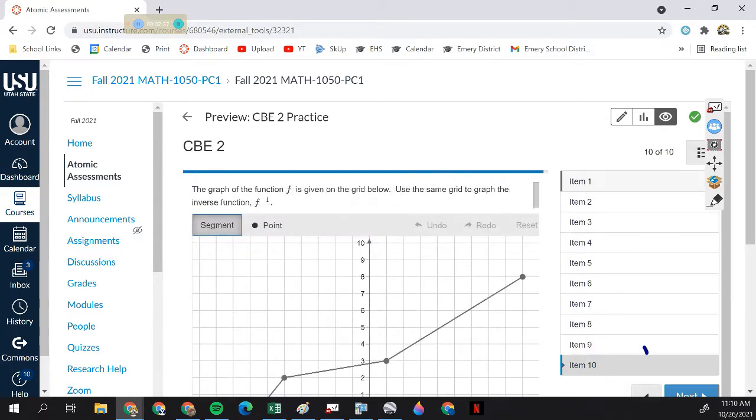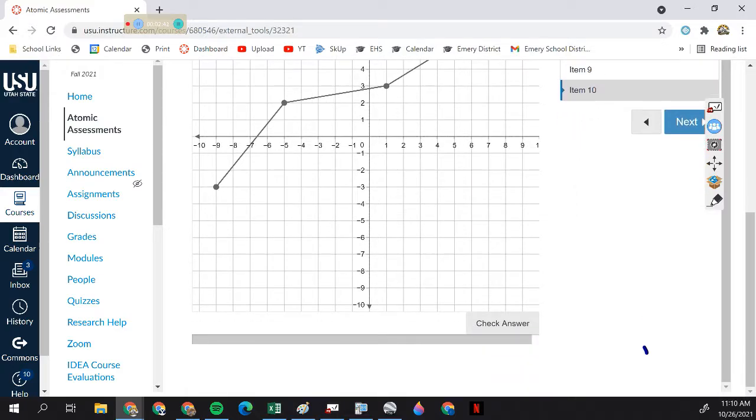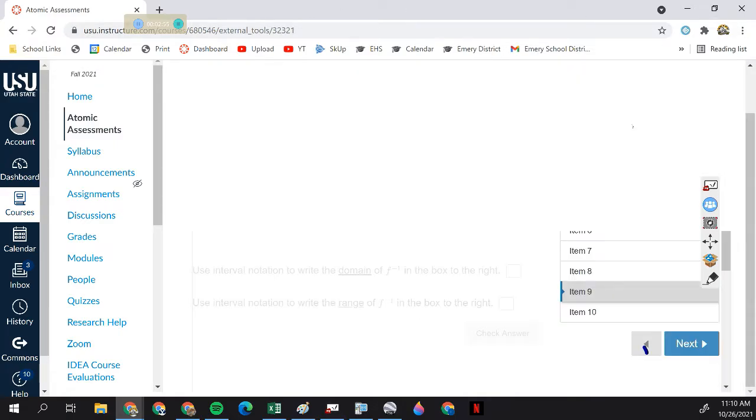Okay, item 10. And then there should be a submit button somewhere. Next. This is in my way. This is more complicated than it should be.